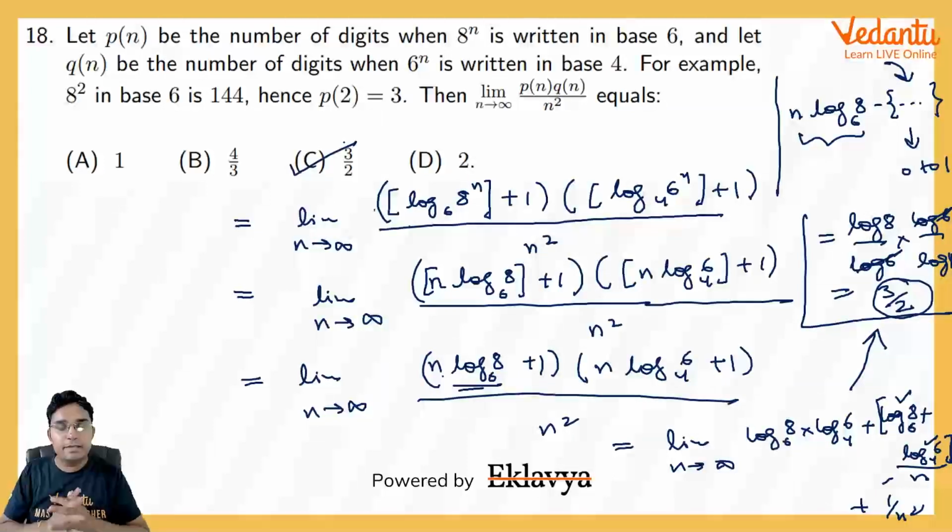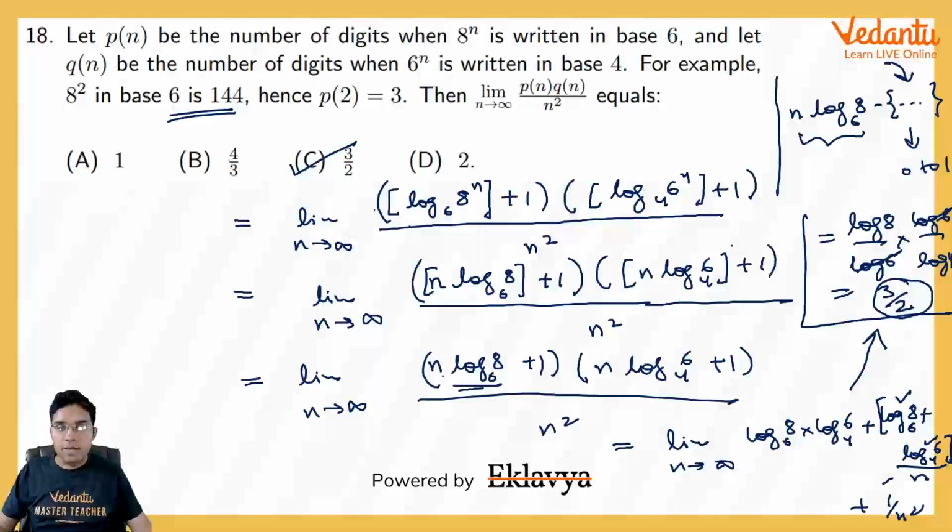So the answer is C. I will definitely call this question a difficult one, because thinking that this will come from log is not that spontaneous. You have to write a few examples before it will strike you that it is the greatest integer of log 8 power n base 6 plus 1, unless you have done it already before or you know such a formula already.